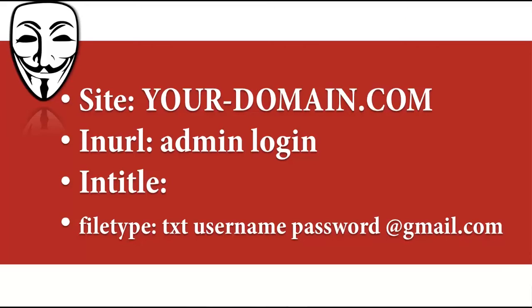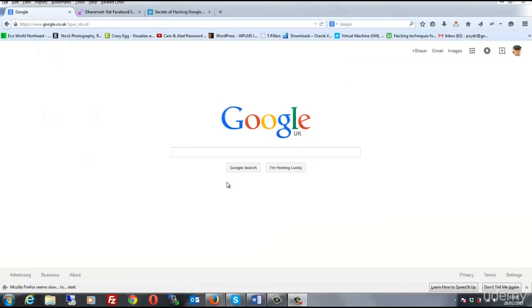And then we need to put username, password. The file should have usernames and passwords, which is anything to do with the likes of Gmail, Hotmail and Yahoo. I'm going to show you in real time what I mean by that. Let me just demonstrate how this works.